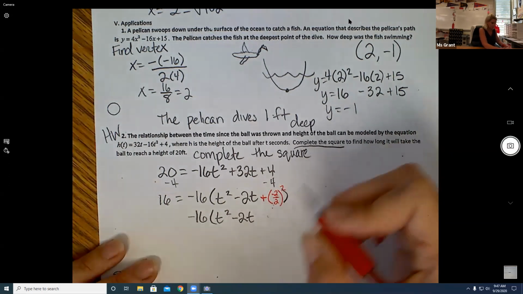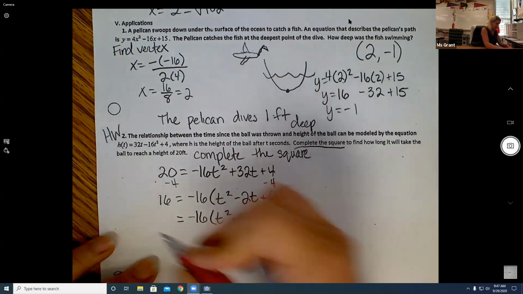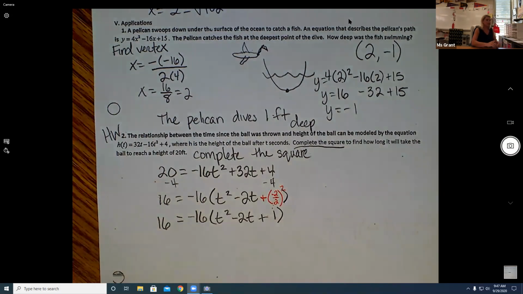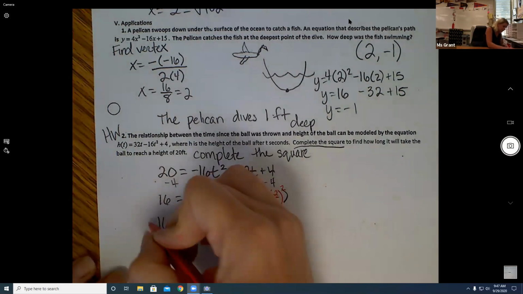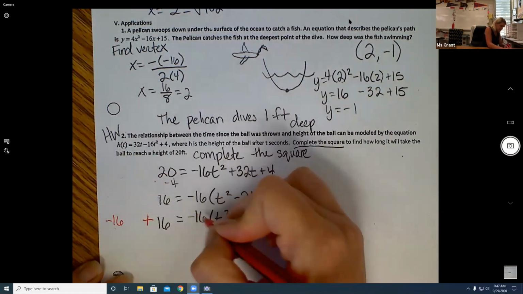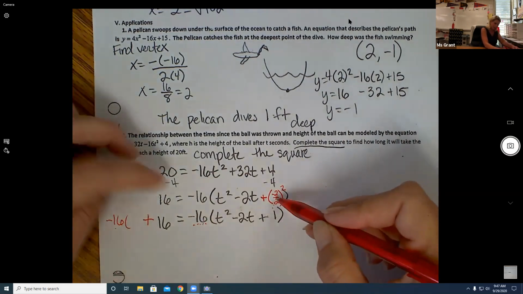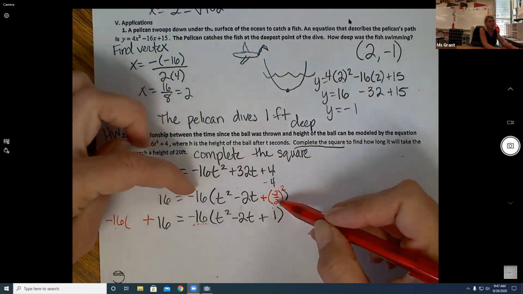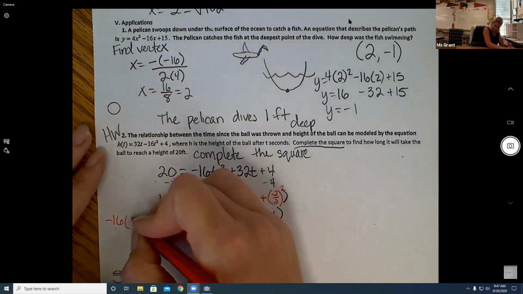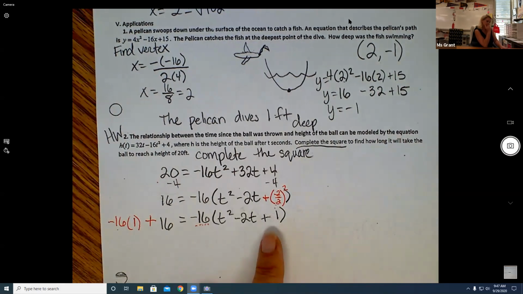Negative 1 squared is 1. I had a negative 16 here, so remember how you have to add it to both sides? I'm going to add to both sides negative 16 times this 1. Anyways, it turns out to be 0.